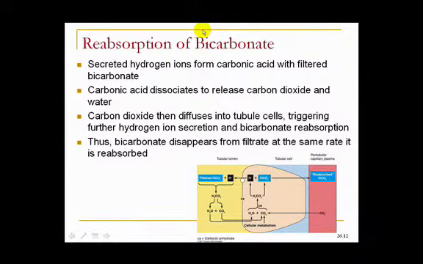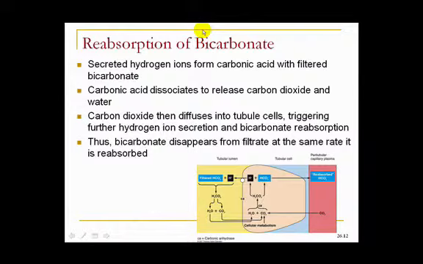For the most part, your kidneys will reabsorb all the bicarbonate that it filters, because those bicarbonate ions are necessary to buffer hydrogen ions in your blood, because bicarbonate is the buffer system. How you reabsorb the bicarbonate that you filter is an indirect mechanism, because there aren't bicarbonate channels in the epithelial cells of the proximal convoluted tubule, but you still reabsorb it.